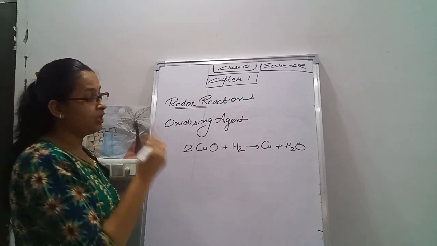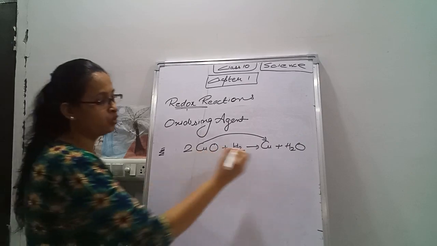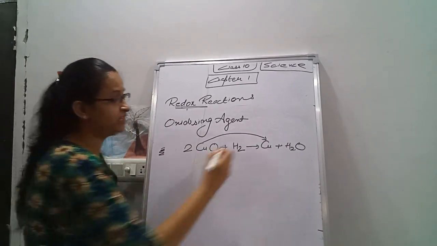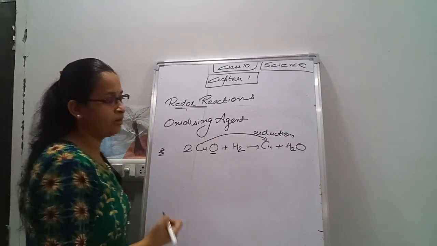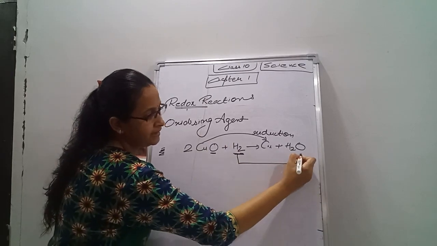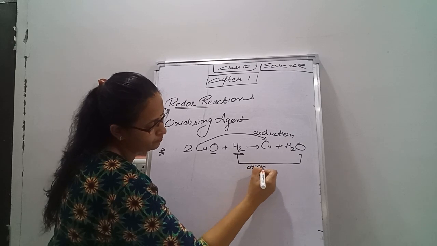Now you have seen this, copper oxide is giving you copper, so oxygen is removed, and when we are removing the oxygen, it is a reduction reaction. And in the hydrogen part, hydrogen is gaining the oxygen atom, so it is oxidation.